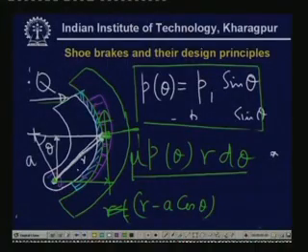This is internally expanding shoe brakes, and similar analysis could be done for the externally expanded shoe brakes also. We are not going to discuss that; rather we should discuss the band brakes and other types of brakes in the next class. So, this is all for today.